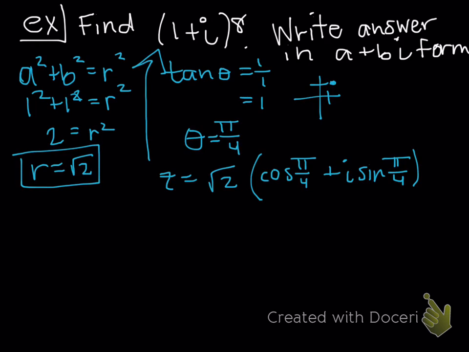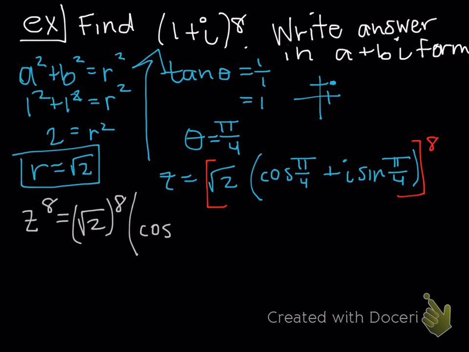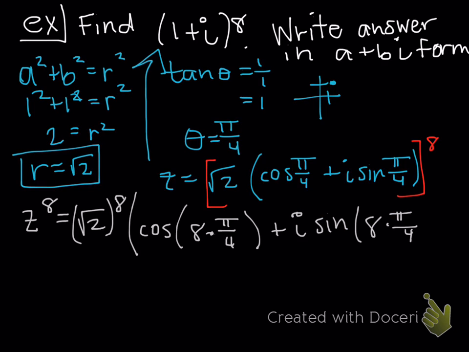So here, I'm going to raise this whole thing to the 8th power. And you know from the last example that it's not incredibly difficult. Just follow the formula. So z to the 8th power. I'm going to take my root 2 and raise this to the 8th power times cosine, and I multiply the angles, so I have 8 times pi over 4 plus i sine of 8 times pi over 4.